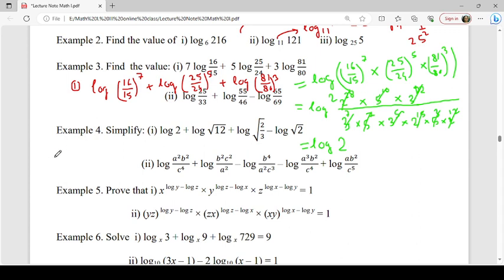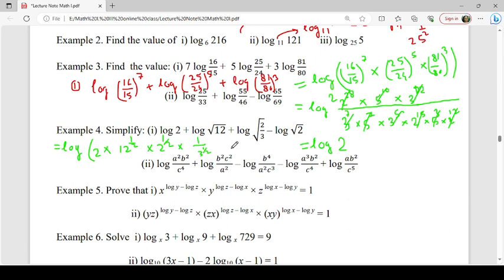So number 4 is equal to log of, within bracket we write 2 into 2 to the power 12, to the power half, into 2 by root 3, 2 to the power half, into 1 by 3 to the power half.